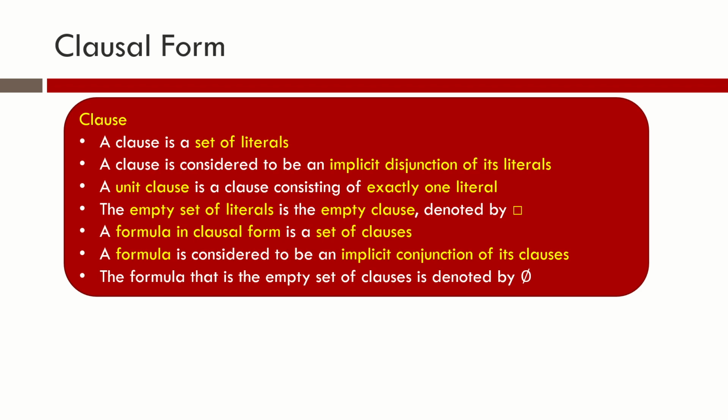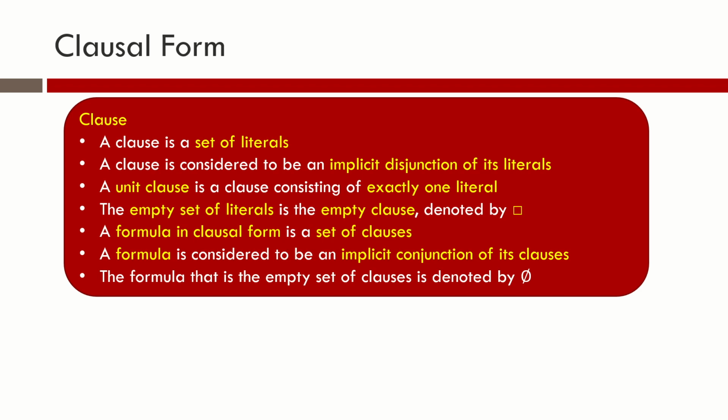A clause is considered to be an implicit disjunction of its literals. That is, suppose your clause is the set {P, Q, R}. It is considered implicitly as P or Q or R.